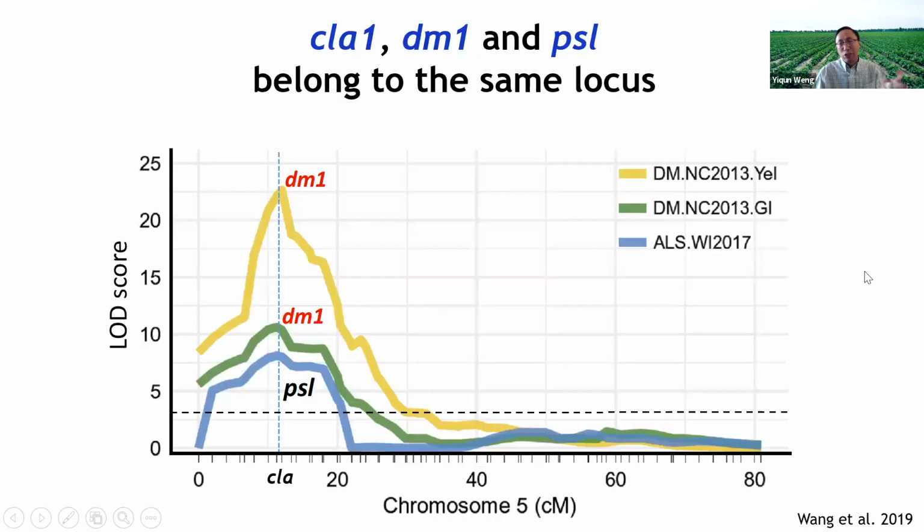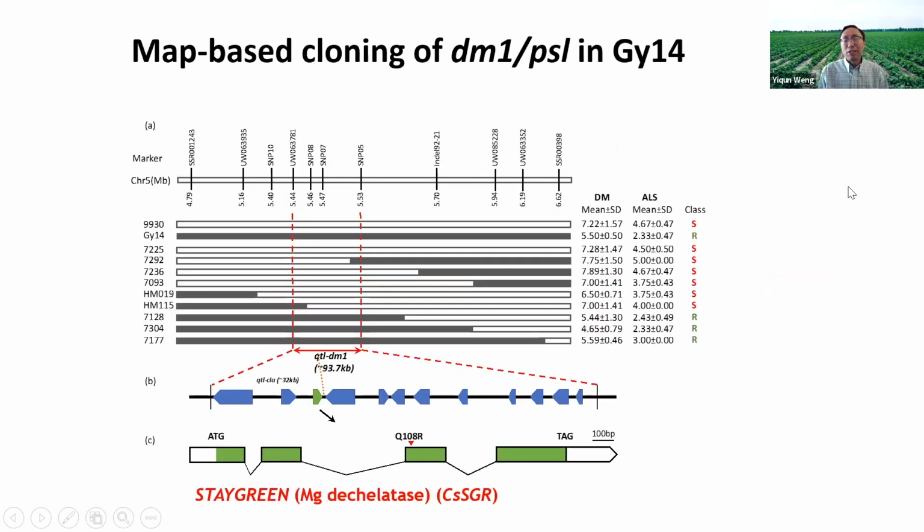So if you do joint QTL analysis, you're going to find that DM1, angular leaf spot and anthracnose resistance are all at the same location, likely the same gene. So we continued with fine mapping and map-based cloning. Eventually, we were able to identify the candidate gene, which is a staggering gene.